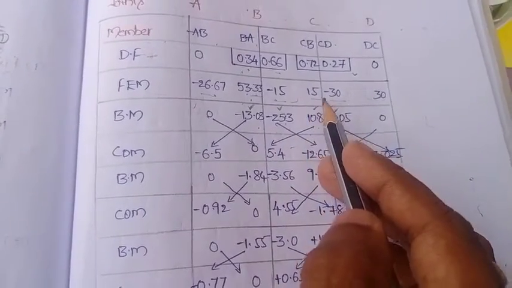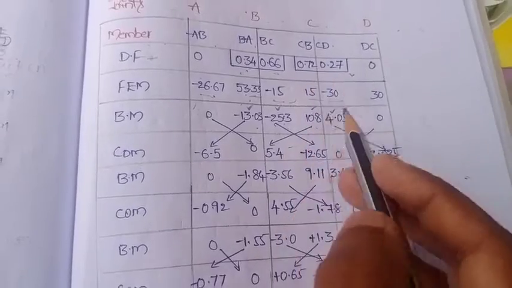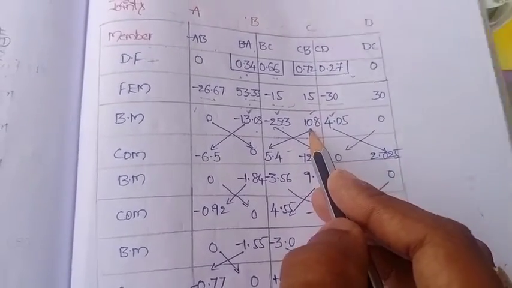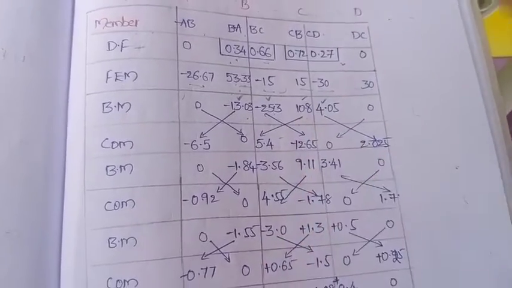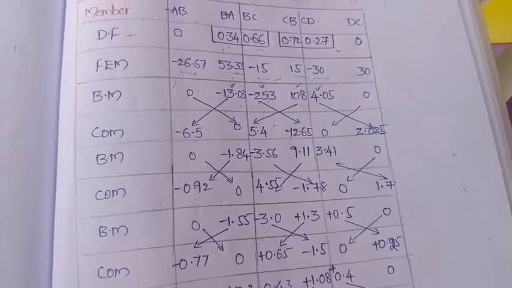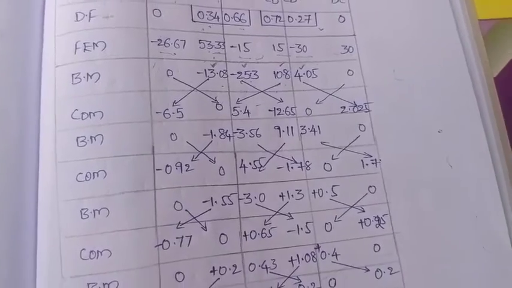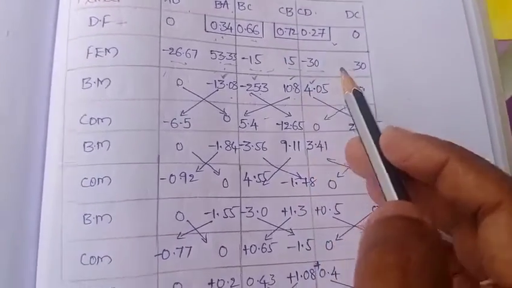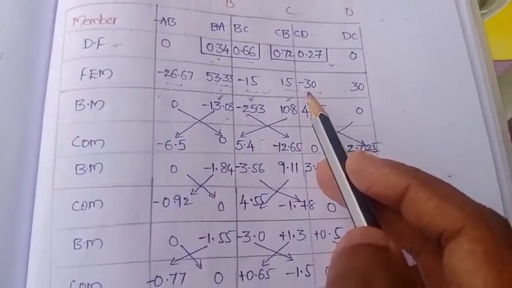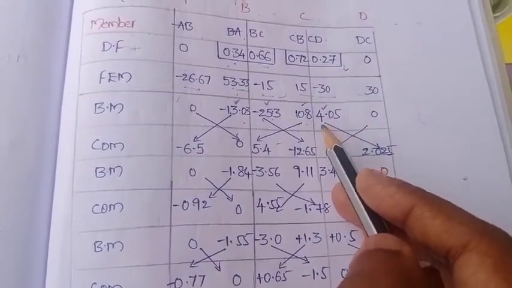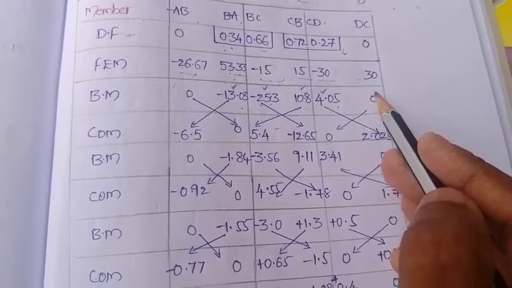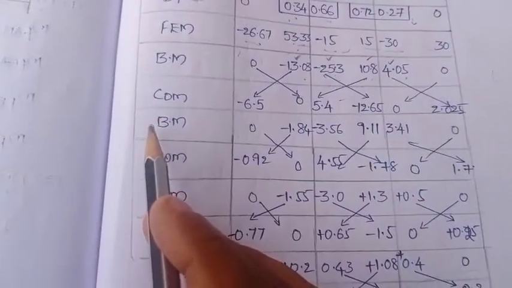Next, 15 minus 30 into 0.72, 10.8. Actually this value gets in anti-clockwise, but we have to take it in clockwise direction. And 15 minus 30 into 0.27, that's equal to 4.05. Here moment is 0.